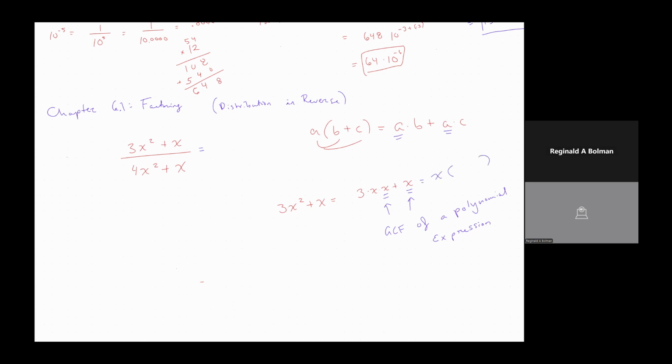I can take this x out, put it out in front, and whatever we have left over, I can write it as a sequence of terms inside of my set of parentheses. So I pull my x out, and you'll see that I have a 3x left over. So I can write 3x inside of my parentheses. But here's the deal. Your x doesn't just disappear, right?